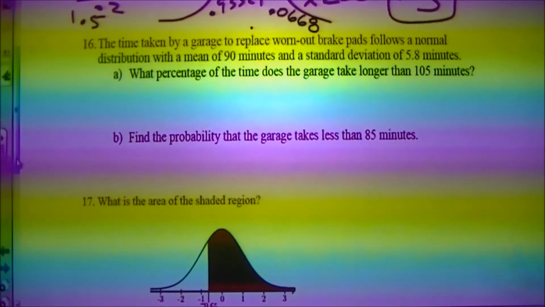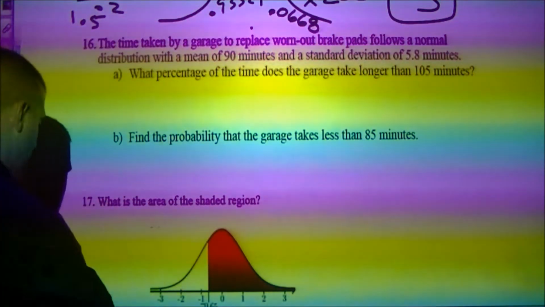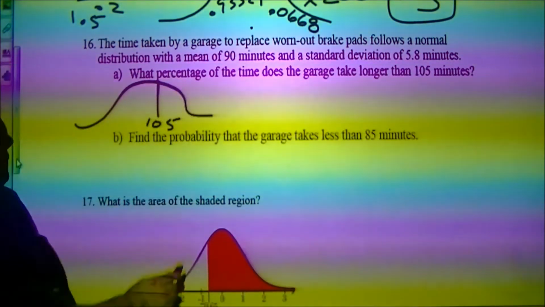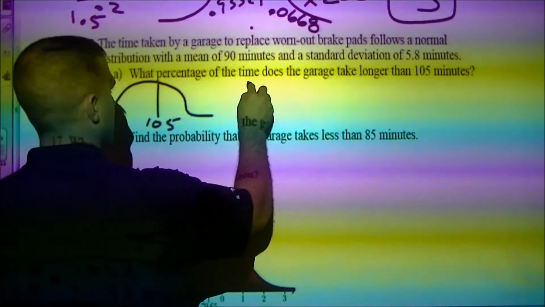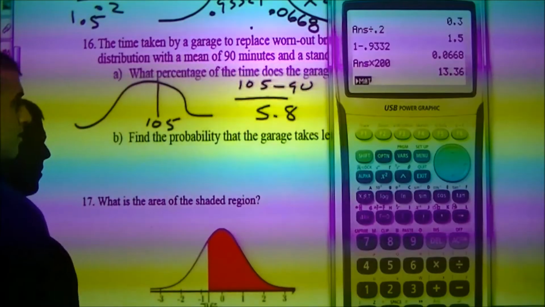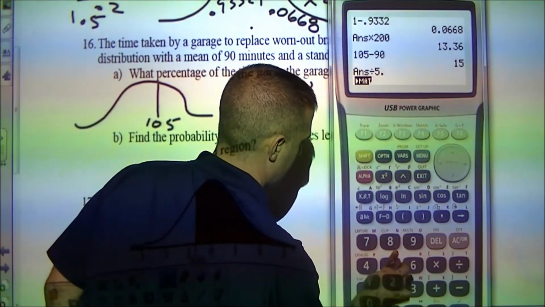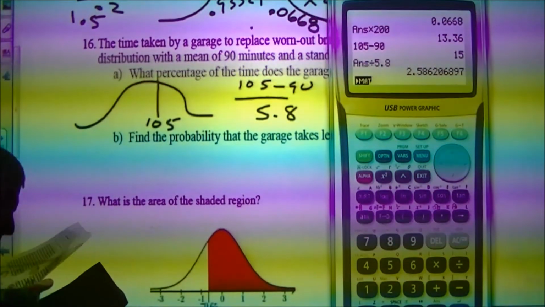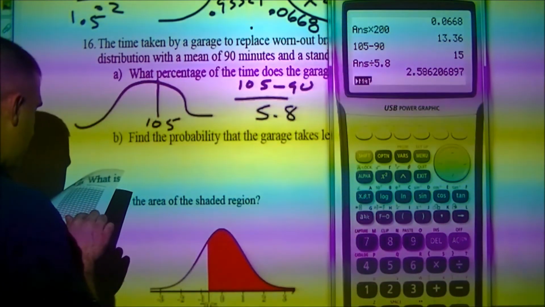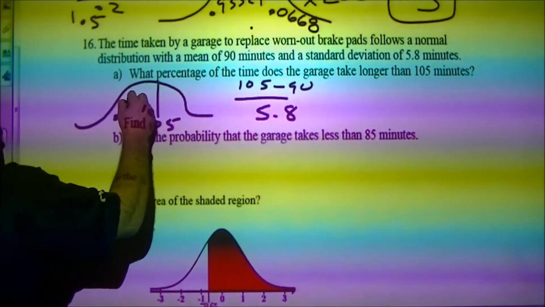The time taken by a garage to replace a worn out brake pad follows a normal distribution with a mean of 90 minutes and standard deviation of 5.8. What percentage does the garage take longer than 105? Once again, I'm going to find the z-score, which is 105 minus 90 divided by 5.8. That puts me at 2.58. On my z-score chart, 2.58 is 0.9951 for this side.